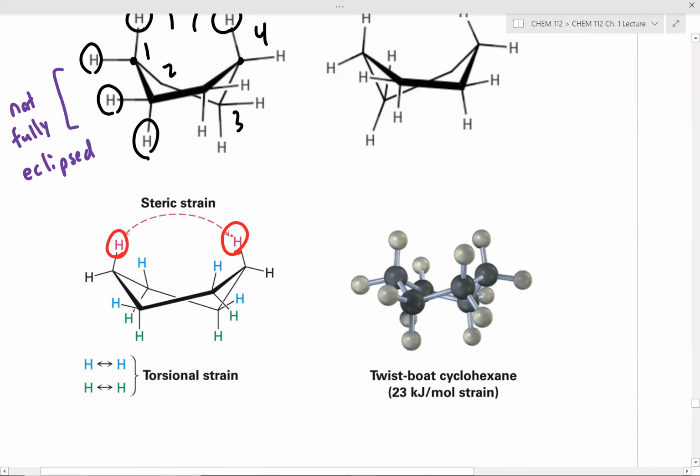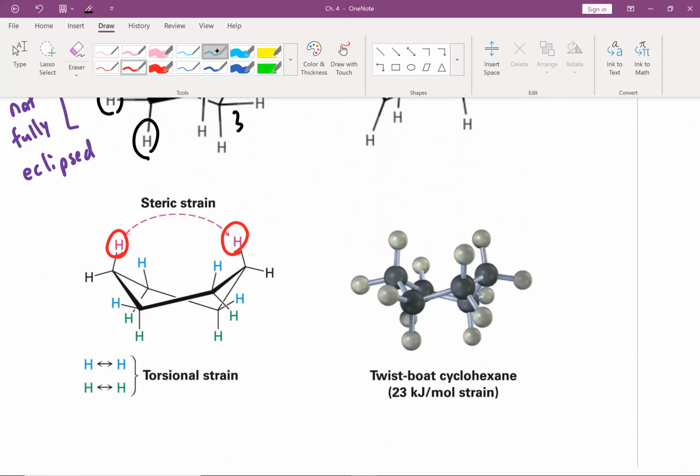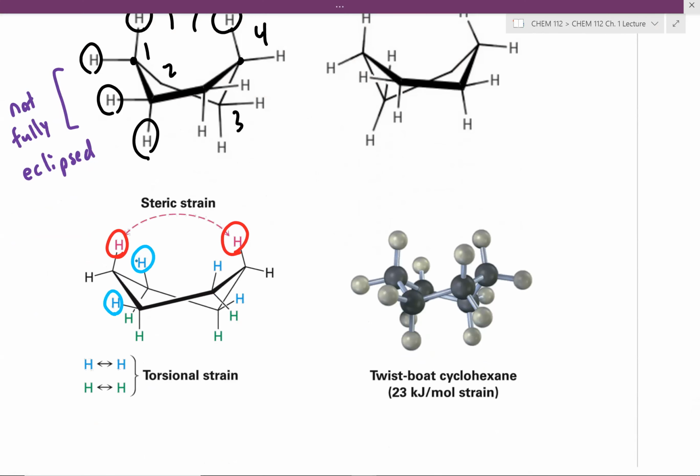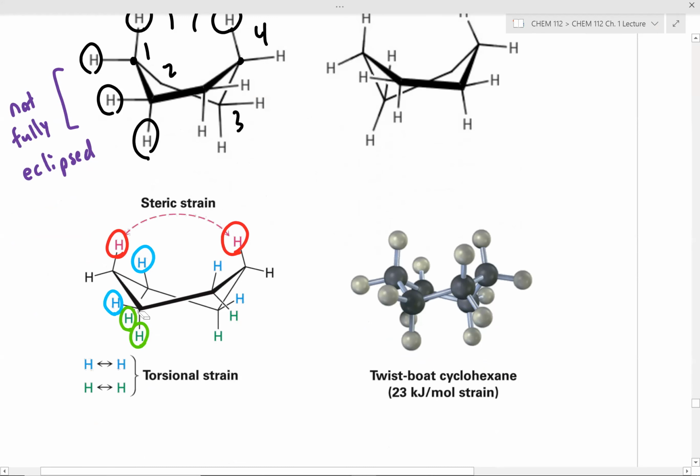We have minimized as well our torsional strain, because if we compare these hydrogens to the adjacent hydrogens, they're not fully eclipsed.